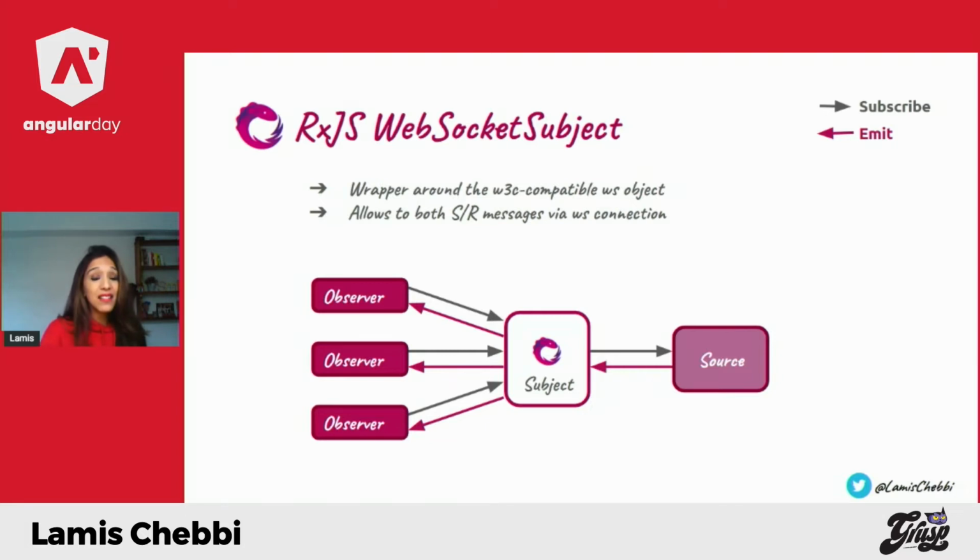So it's kind of a regular subject in RxJS, and I see subjects in RxJS as observable and observers at the same time. So you can send data to all the observers listening out there, and at the same time you can intercept, emit, and receive data from the source.